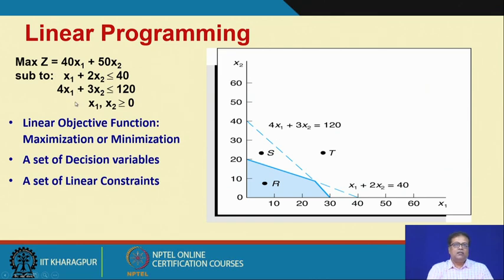Similarly, the other constraint, that is 4 x1 plus 3 x2 less than or equal to 120, is also drawn, and all this area r plus s is covered by this particular constraint, and this line represents 4 x1 plus 3 x2 equal to 120. So, the shaded area then becomes our solution space, all right, that is our solution space.